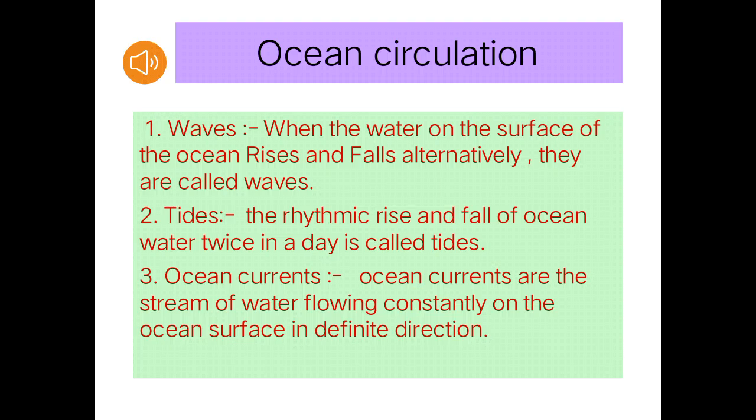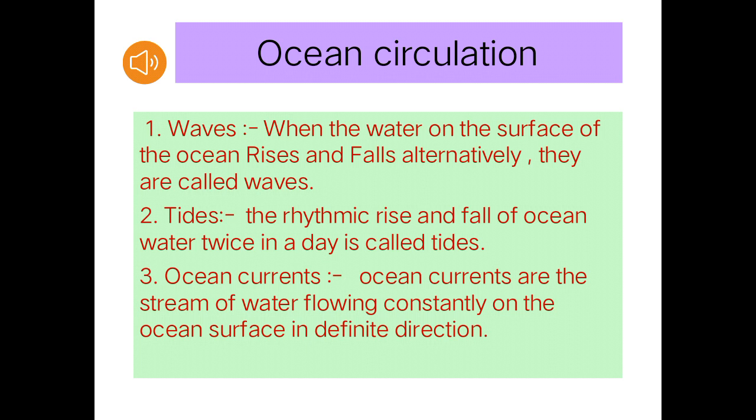Now let's understand ocean circulation. The water that is found in ponds, wells remains calm. But the water that is found in oceans never remains calm.